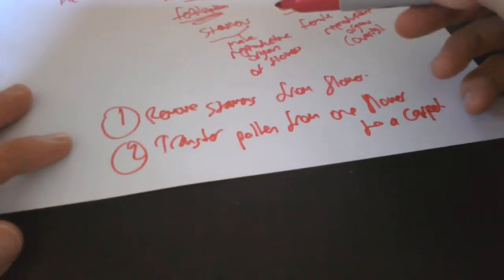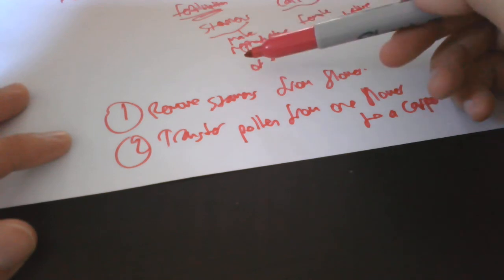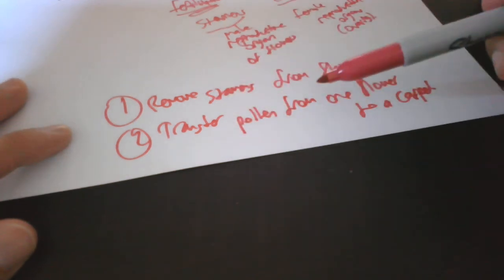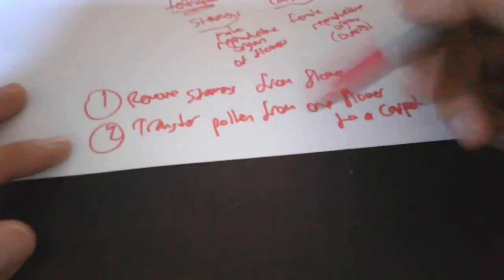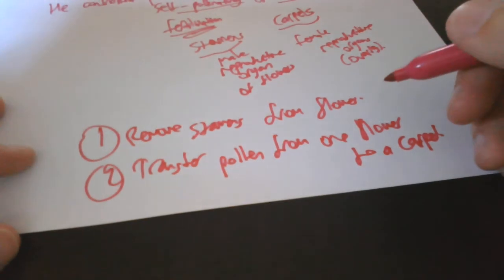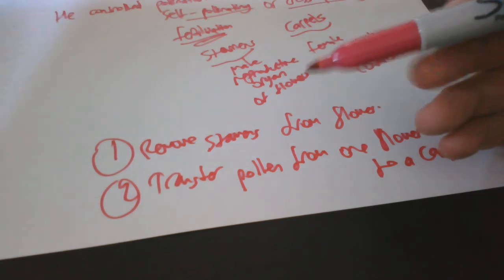So remove the male reproductive organs from the flower, or transfer pollen from one flower to the female reproductive organ, the carpel, to get fertilization to happen. By removing the stamens, you remove the male, and that allows for cross-pollination.